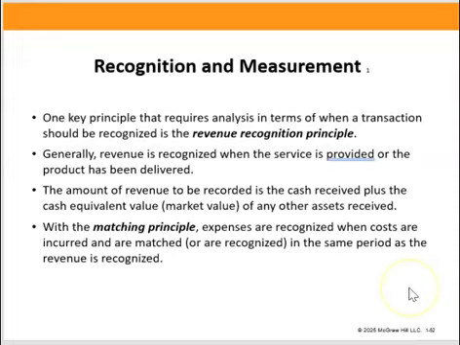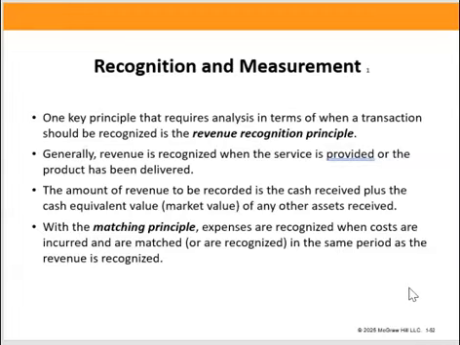Recognition and measurement. The one key principle that requires analysis in terms of when a transaction should be recognized is the revenue recognition principle. Depending on when the transaction happens is when the revenue is recorded.